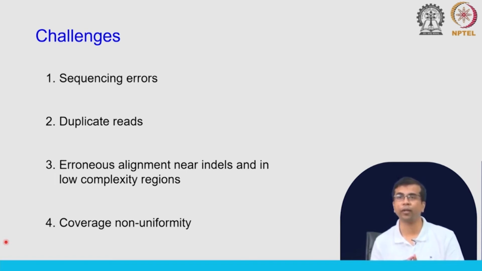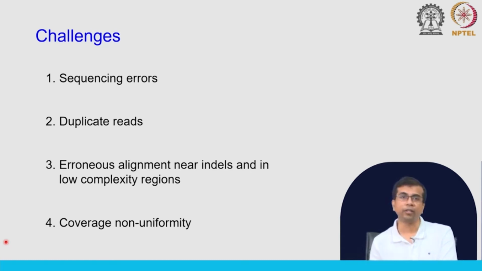You probably remember these amplification steps that are required for preparation of sequencing. For example, in Illumina we have bridge amplification, and in 454 we had emulsion PCR. Many of these methods require this amplification, and that in turn can lead to biased representation of certain regions of the genome in the library, and that can lead to this coverage non-uniformity.